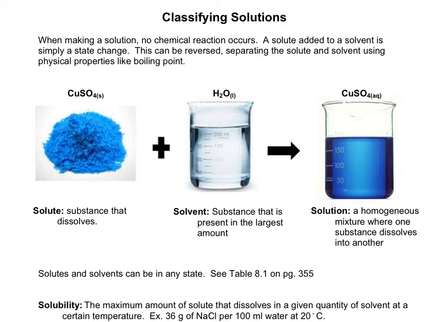This means when you make a solution, it is not a chemical reaction. It's just a physical change. This can be reversed, separating the solute and solvent using a physical property like the boiling point. For example, you could boil the water solvent away and get your solid copper sulfate back.